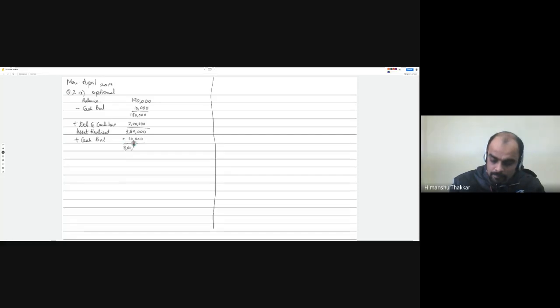It will be 3 lakh 90,000 available balance. So we have 3,90,000 in all.